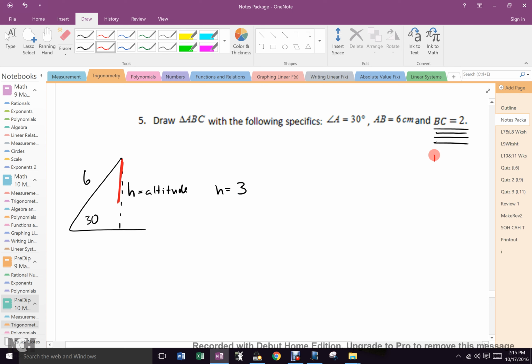BC is 2. It's the red line. What do you see? Is it as long as H? No. So can it make a triangle? No. So what does that tell us? If H is what?